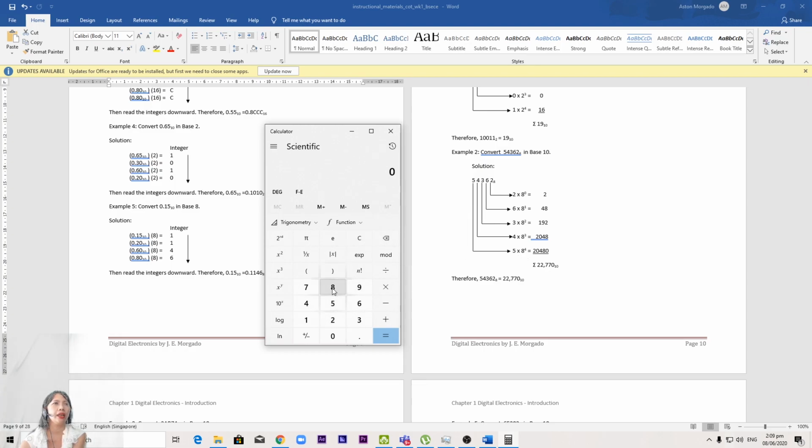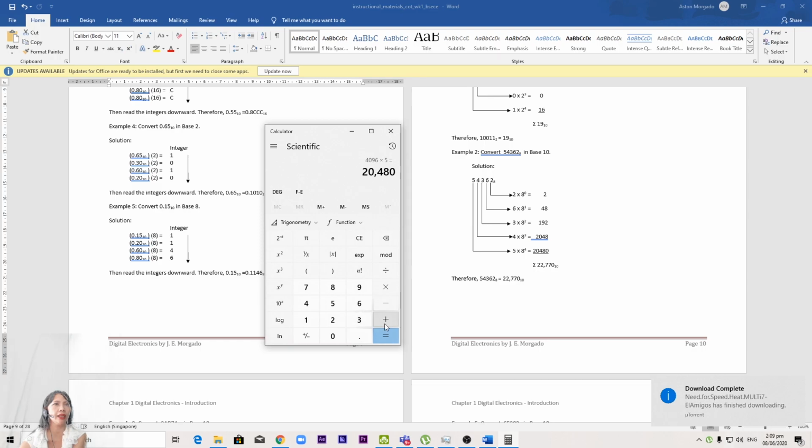8 raised to 4 times 5 is 20,480. Now you have all the products, and then you get the sum.